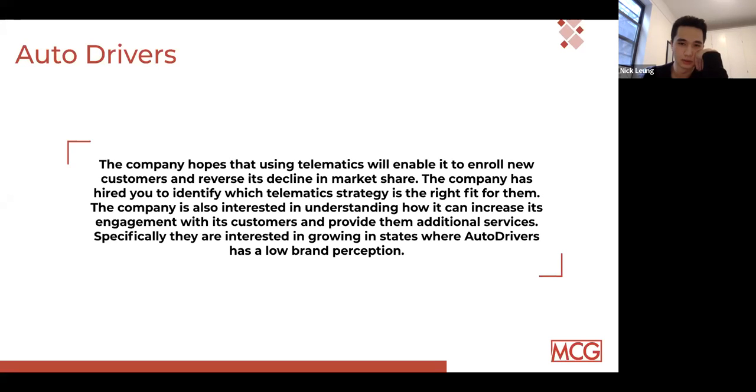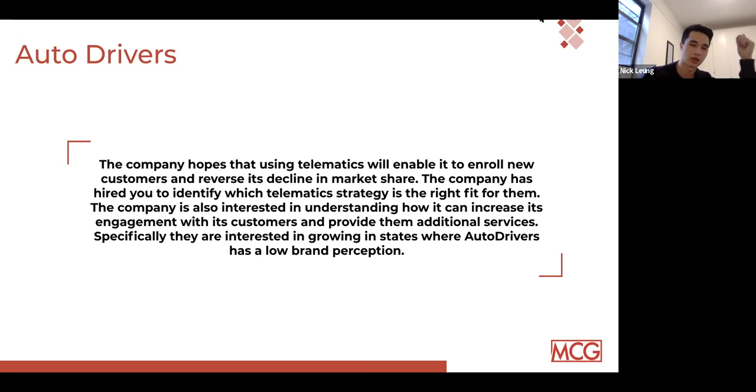And they've asked us to figure out whether mobile or OBD is a better solution based on, one, would it reverse this decline in market share? Two, would it help them grow in states where Auto Drivers has a low brand perception? And three, increase engagement with its customers and provide them with additional services. So that's probably the important information I'd pick out: the name of the company, what they're trying to do, what strategy they're trying to implement, why they're trying to implement it, and what they're asking from us.